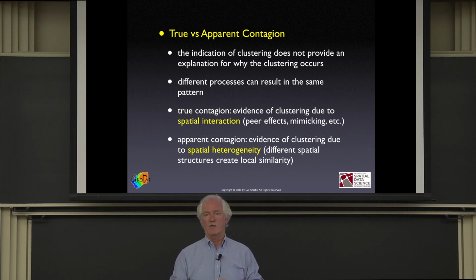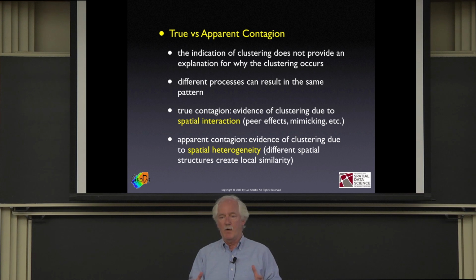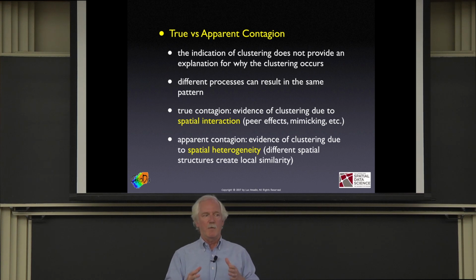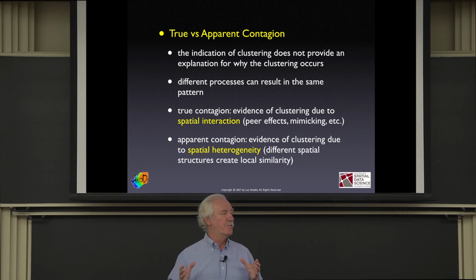process different. And in my other class, we were talking about John Snow and the cholera epidemic. And so this is an example where, I mean, he was lucky, but there's a tension between apparent and true contagion. So one explanation of the pattern would be that somebody who was infected moved into the neighborhood and infected everybody else.